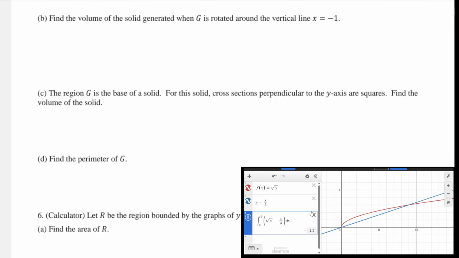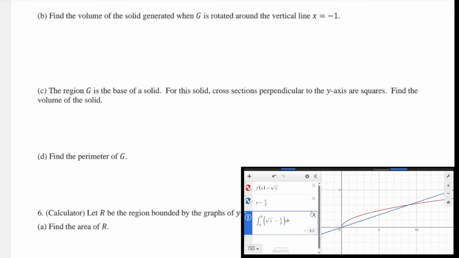Right, find the volume of the solid generated when G is rotated around the vertical line x equals -1. Okay, so I'm going to, best I can, draw a sketch of region G. x equals -1 would be over here. This one would need 2 radii. The large one would reach all the way across the region.